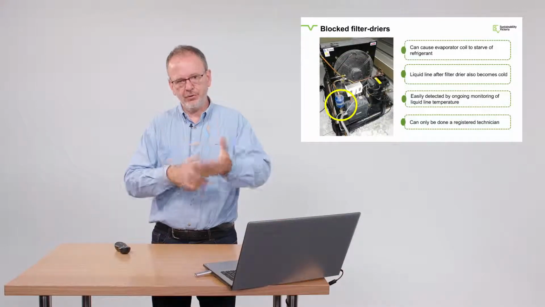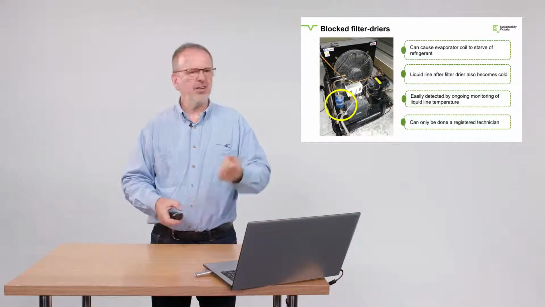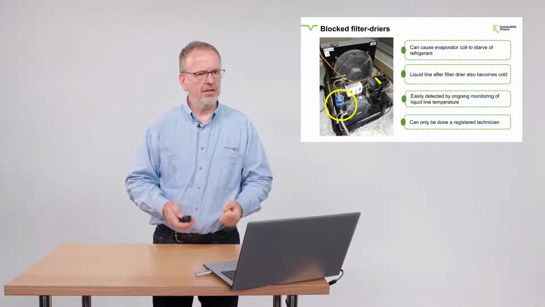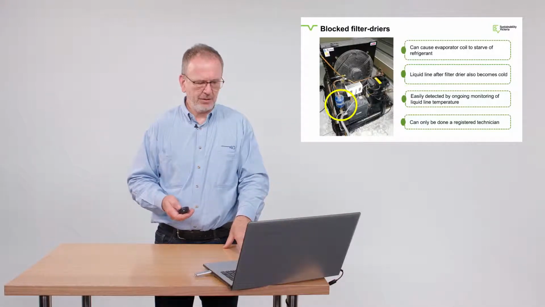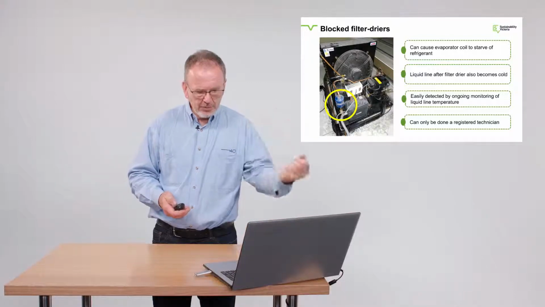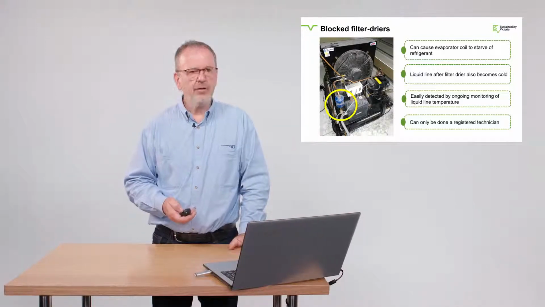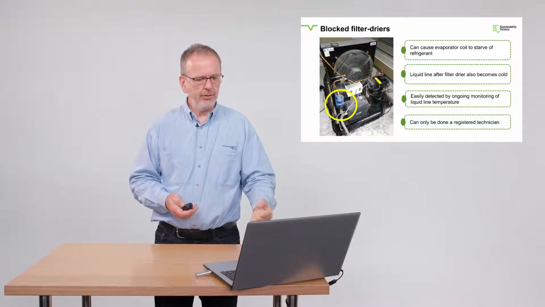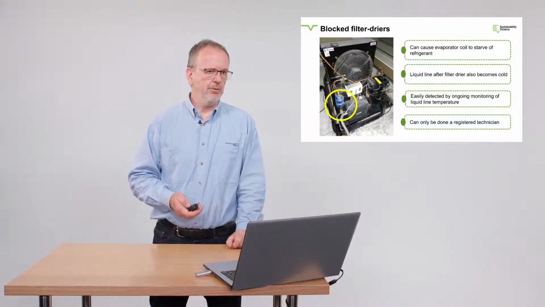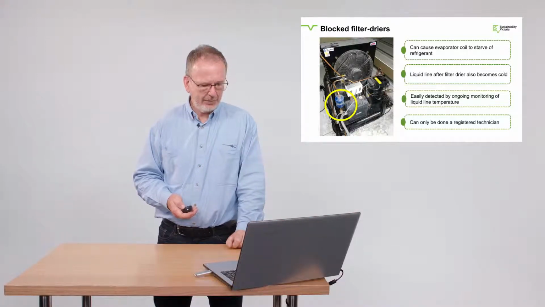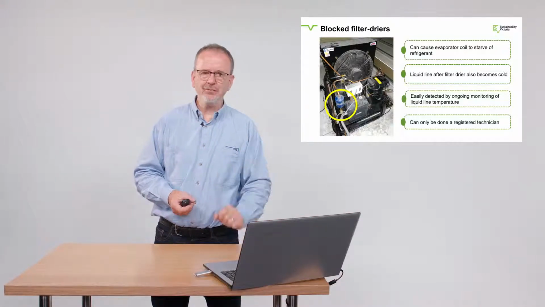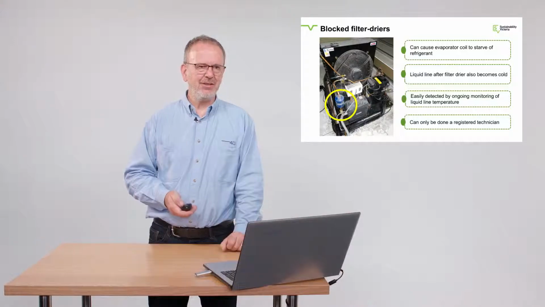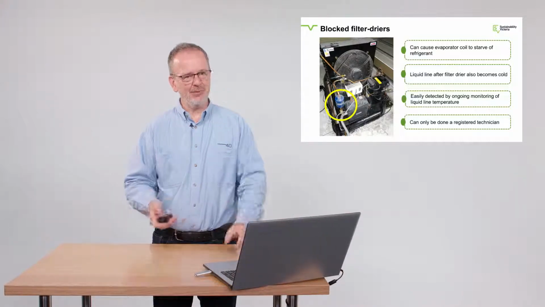And it is a constant, like a throttling effect on the refrigeration plant, because you're not getting enough liquid through the filter dryer off to your expansion valve. So you notice it by having the outlet of the filter dryer somewhat colder, so it's relatively simple to pick up by hand even, or you can monitor it. But you can't change a filter dryer yourself. That's something you need a technician to do, because you have to open up the refrigeration system.